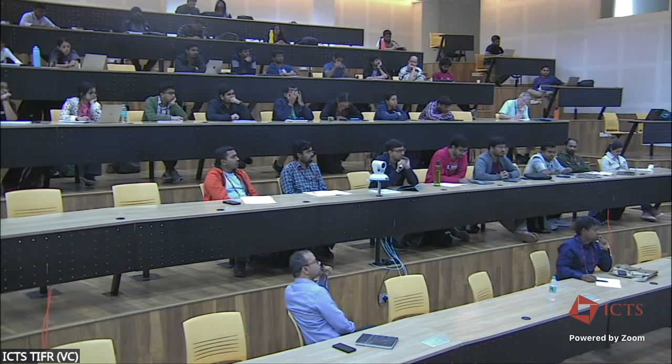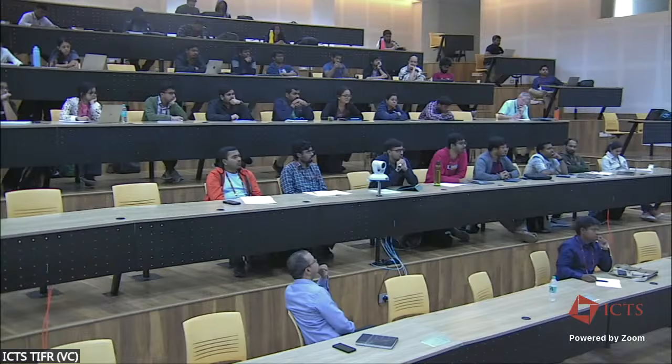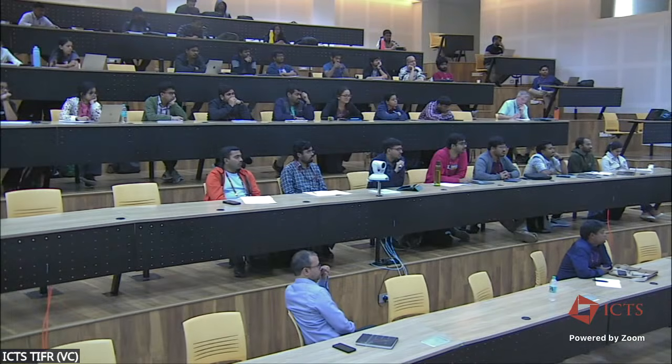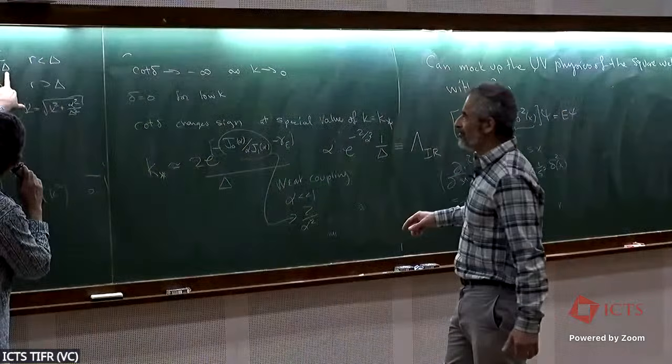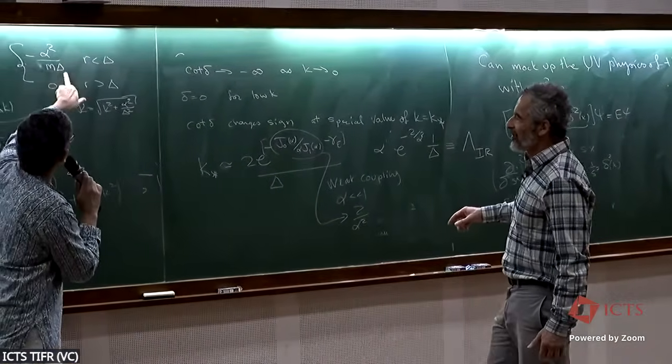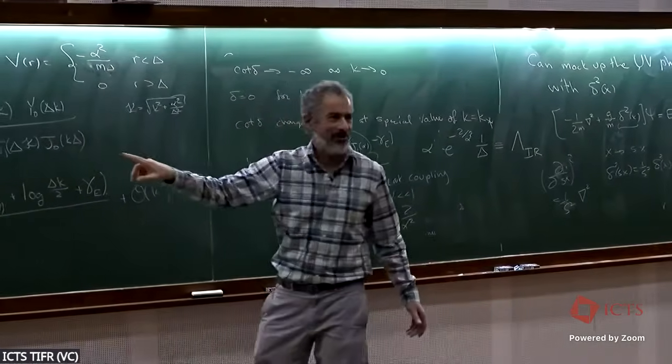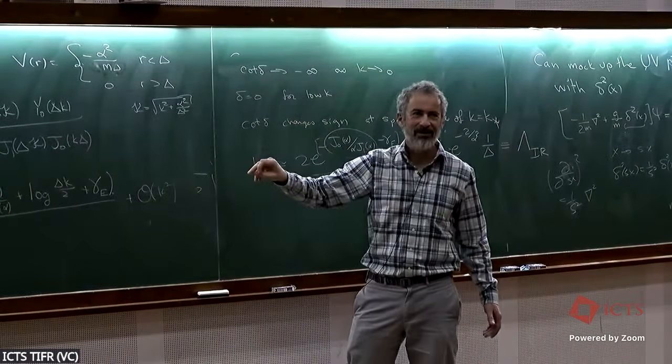Here it's just 1 over m and 1 by r square. Are the two things the same? He's asking here, this m is similar to that m, but the potential here scales as 1 over r. Yeah, so I'm not completely sure about this delta. I didn't have it in my notes.